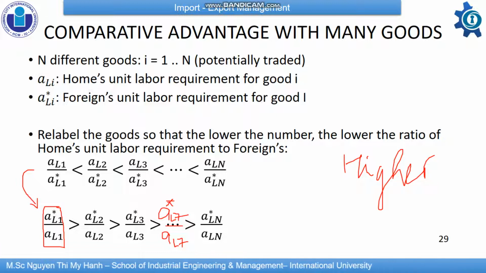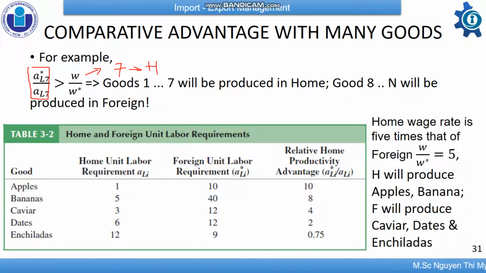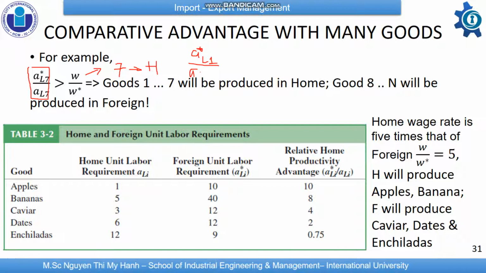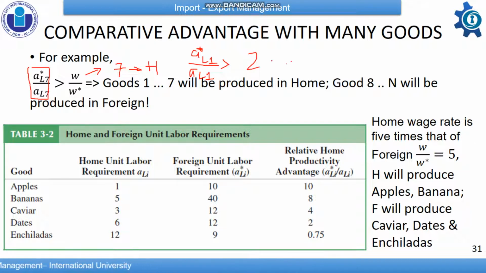Okay, so here we will have a_L1 star divided by a_L1 larger than 2, and so on, and larger than 7.